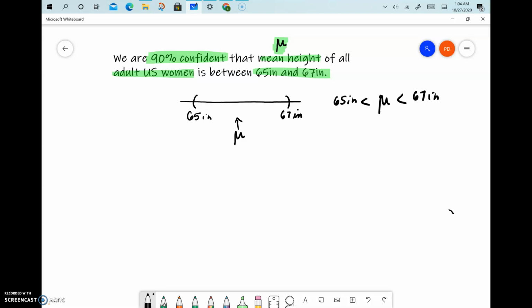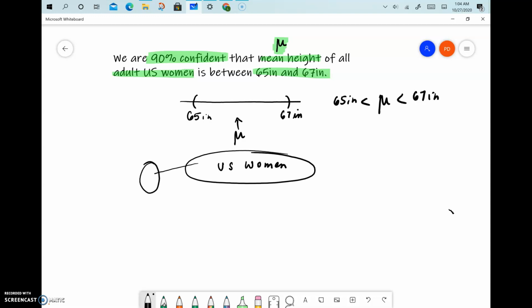What does this 90% confidence really mean? So let me try to explain this. If this is the large population of US women, millions of adult US women, we can take, let's say, a sample of size, I'm just making this up, n equals 1500. So my first sample contains 1500.